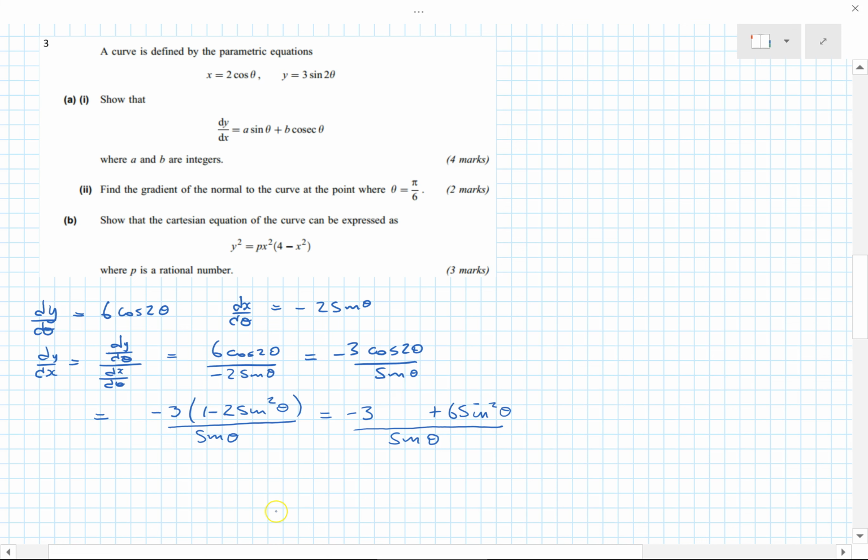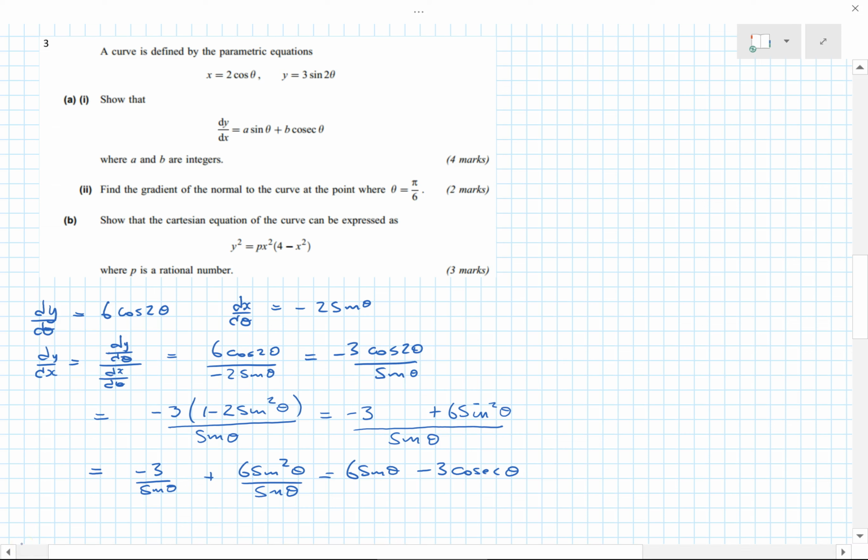Now, that equals minus 3 over sine theta plus 6 sine squared theta over sine theta. If I swap that around a bit, the sine squared over sine obviously cancels down to sine. So that's 6 sine theta minus 3 cosec theta. Okay, and that's that question done. 4 marks. Okay.